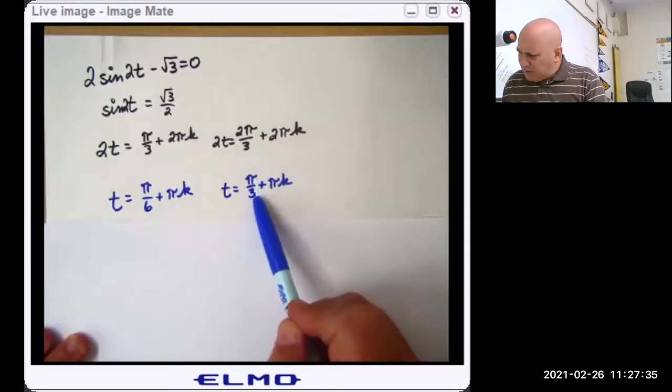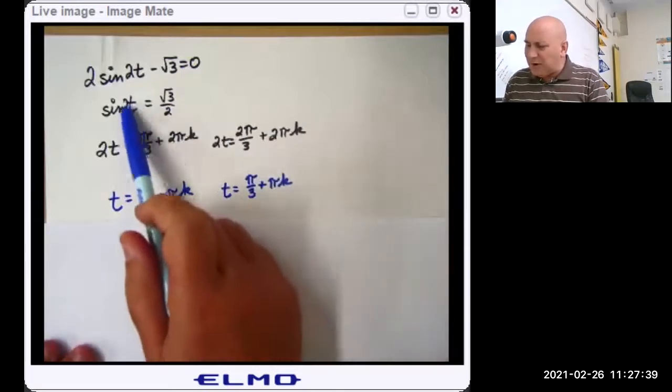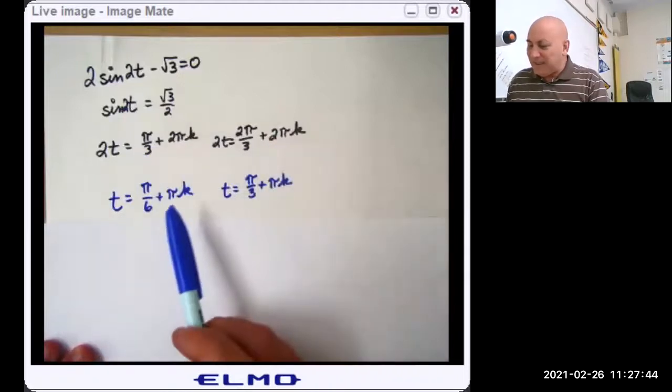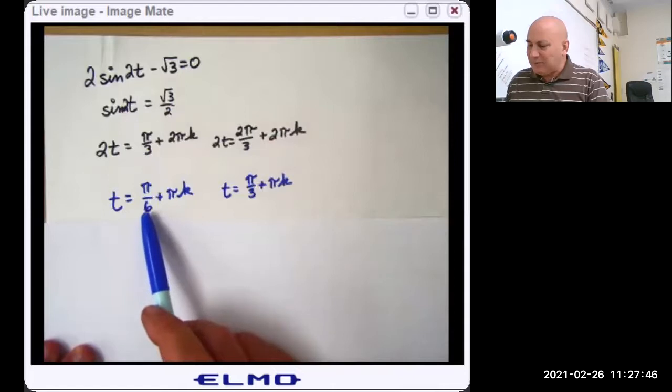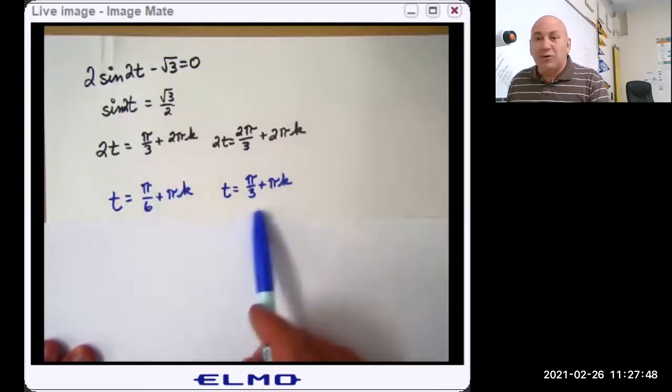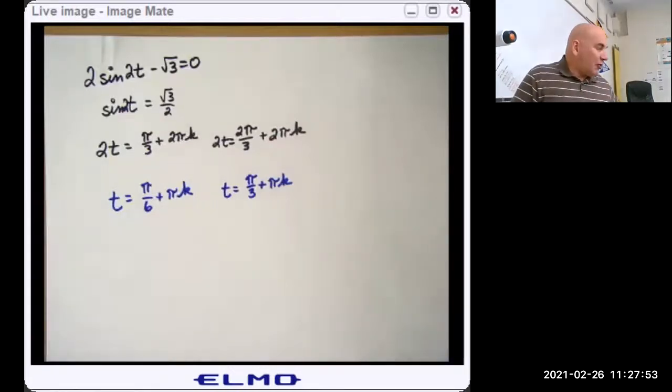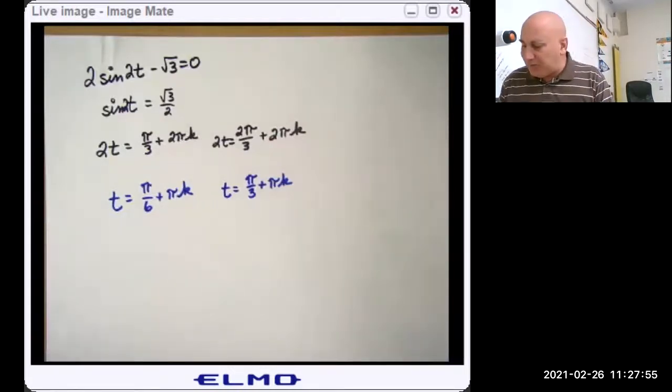Actually, pi over 3 would work as well, and that's a principal value. So in a problem like this, it probably is best to find all real values and then work from here to within one revolution, or to make sure you're in the correct range for principal values.